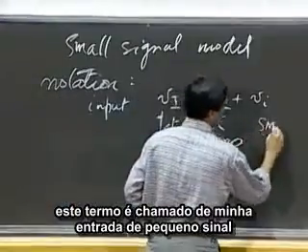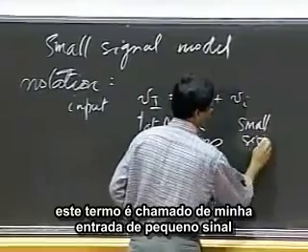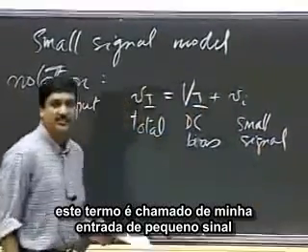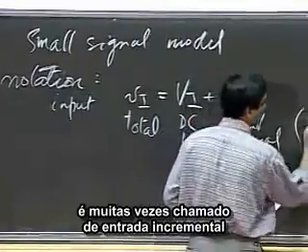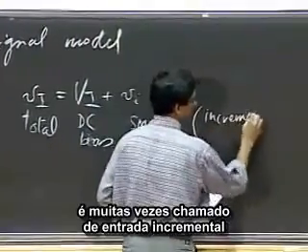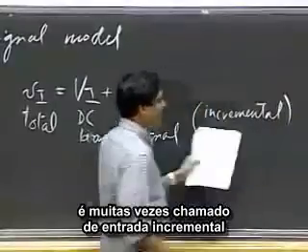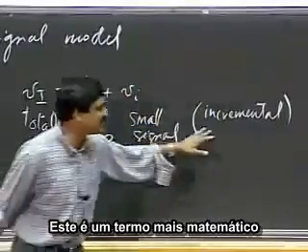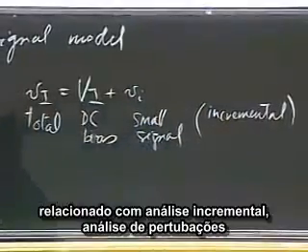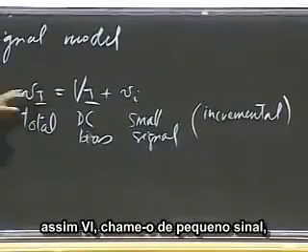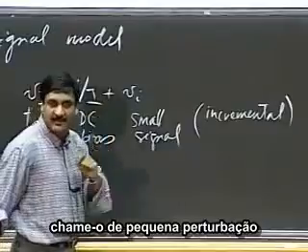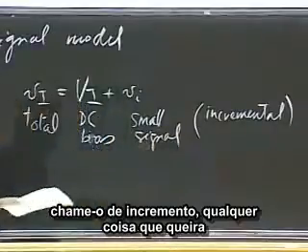And this is called my small signal input. It's also variously called incremental input. This is more a mathematical term relating to incremental analysis or perturbation analysis. So vi, call it small signal, call it small perturbation, call it increment, whatever you want.